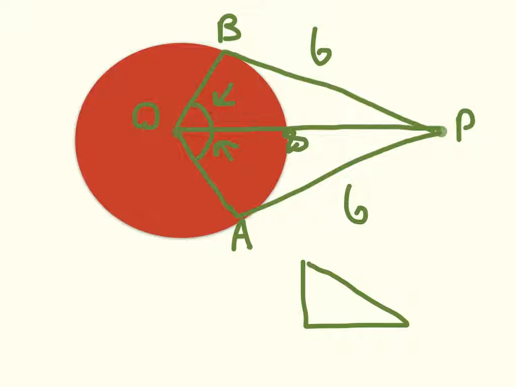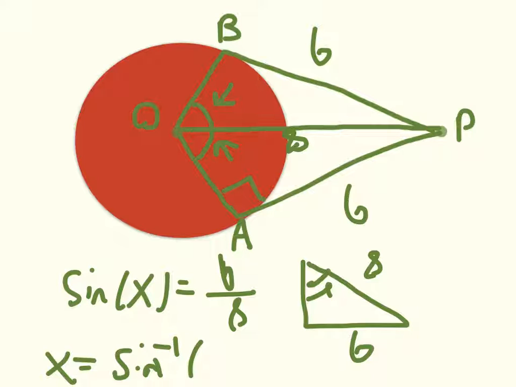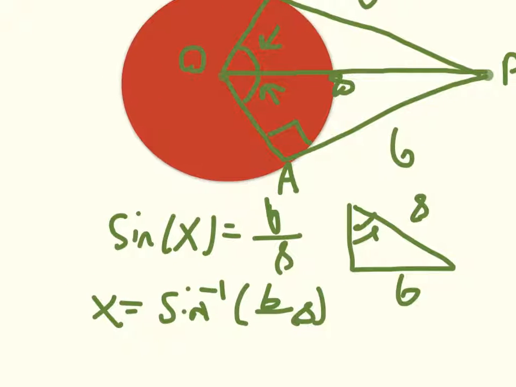So next we're going to have to find that angle, and we're going to do that by creating this right triangle where the hypotenuse is 8 and one leg is 6, and it's right here because this is the right angle. And so from there we're going to do sine of x equals 6 over 8, or just x equals sine inverse of 6 over 8. Now we're going to move some of this, have some more space.